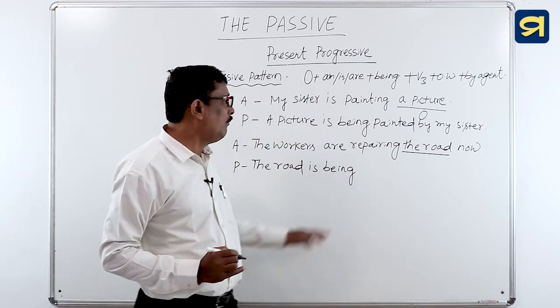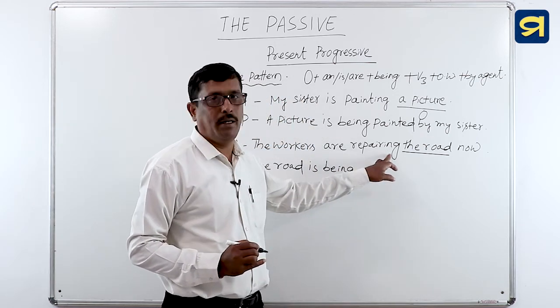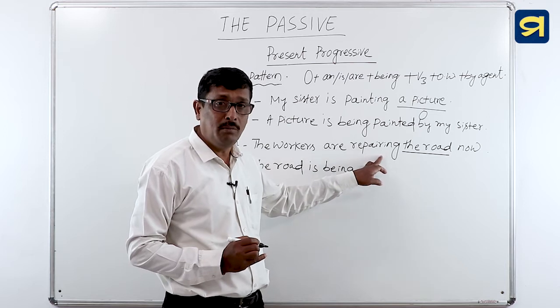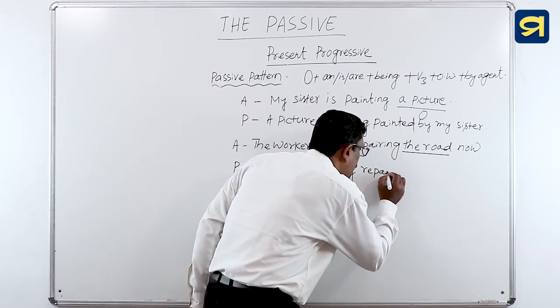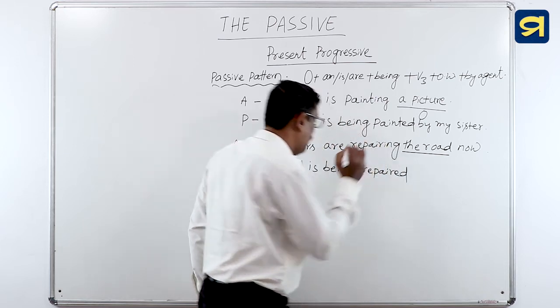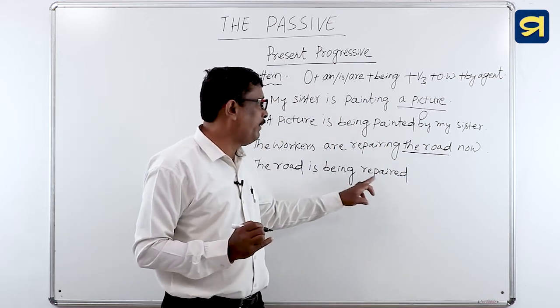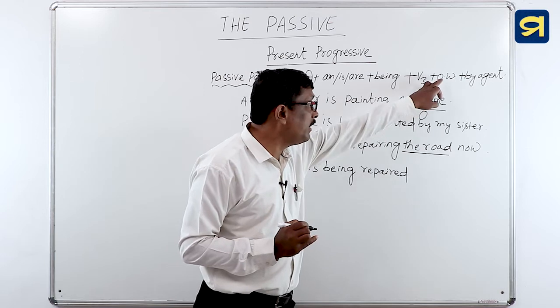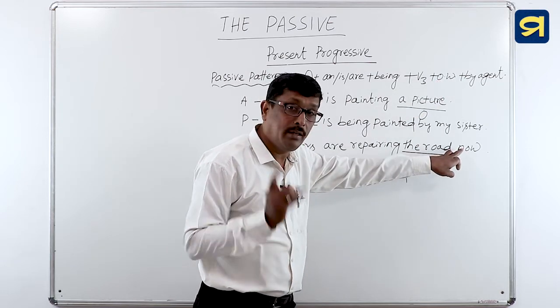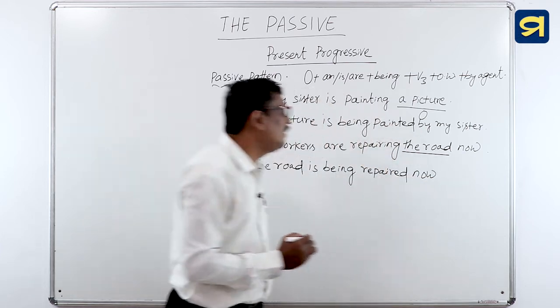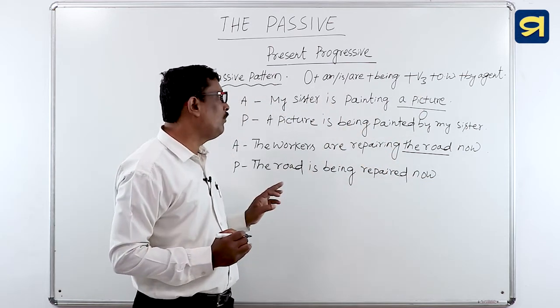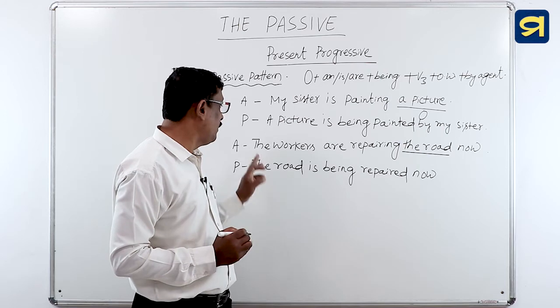And what is the main verb of the sentence? Repair. And what is its third form? Very good. Repaired. The road is being repaired. And which is the other word of the sentence? Very good. Now. And now followed by what? Then by agent. What you will use the by agent in the sentence?